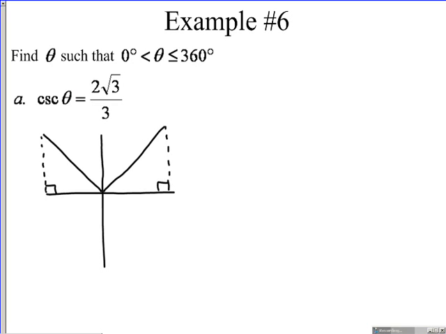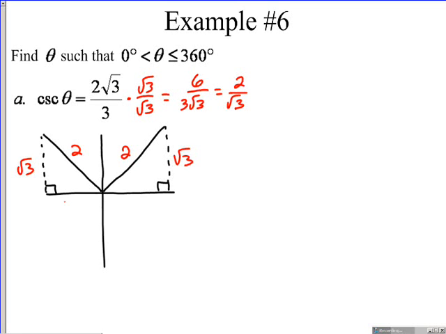Cosecant, hypotenuse over opposite, reciprocal of sine. We're not going to recognize that triangle, so we need to derationalize this. Let's multiply by √3 over √3 and simplify. That's 2 over √3. And now if the cosecant is hypotenuse over opposite, that should be two triangles that you recognize. The reference angle in each of those triangles has to be equal to 60 degrees.